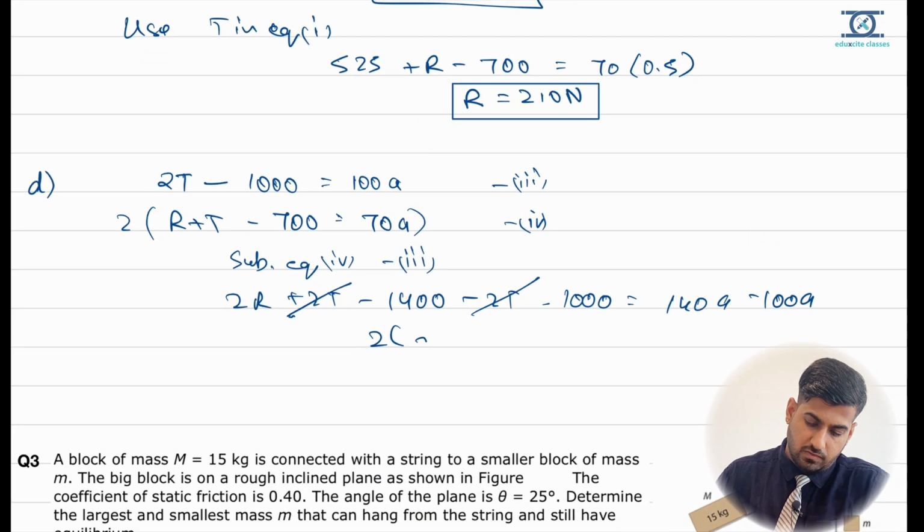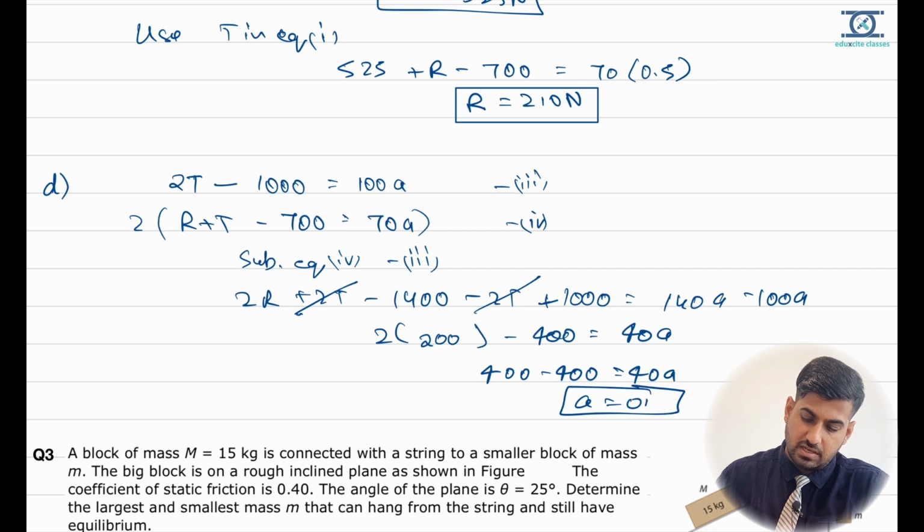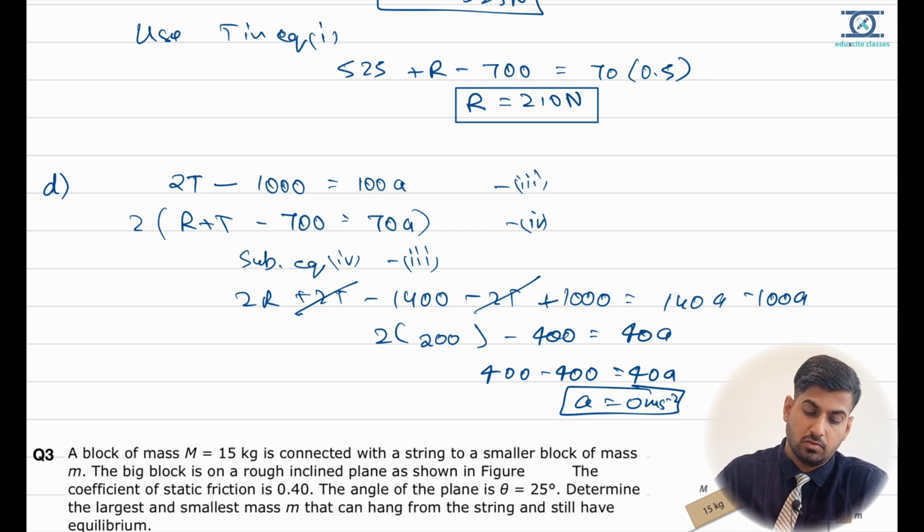So 2 times 200 will be 400 minus 400 equals 40a. So 400 minus 400 equals 40a. So acceleration will be 0. So it means that the lift, or the elevator, is moving with a constant speed.